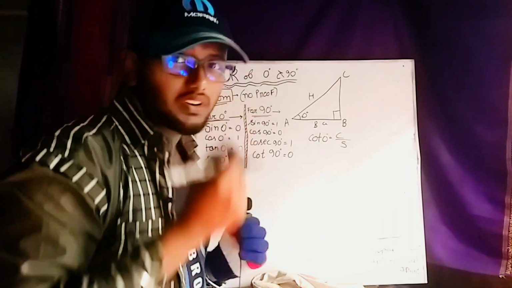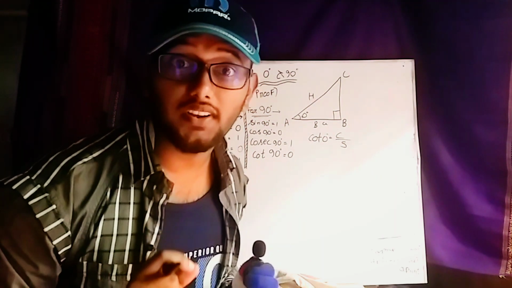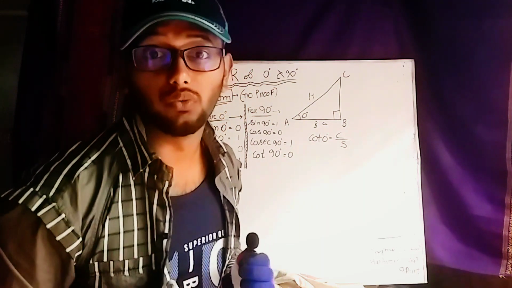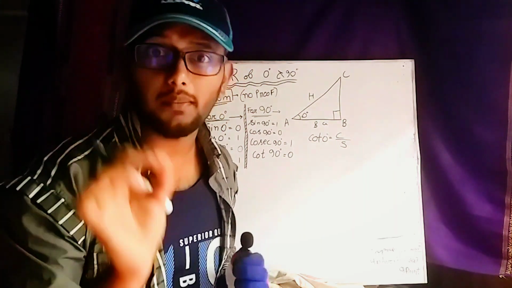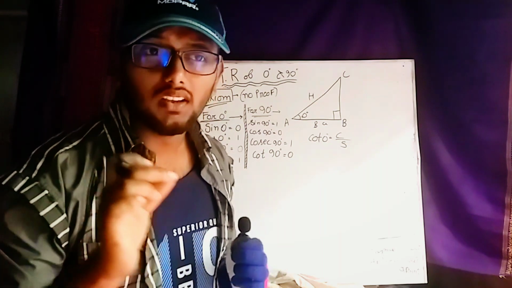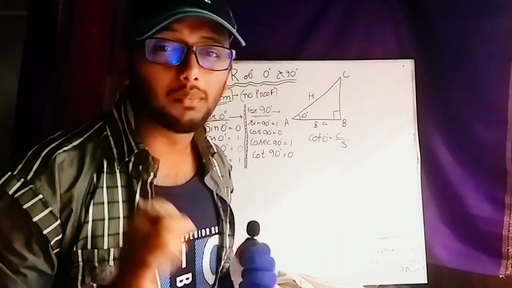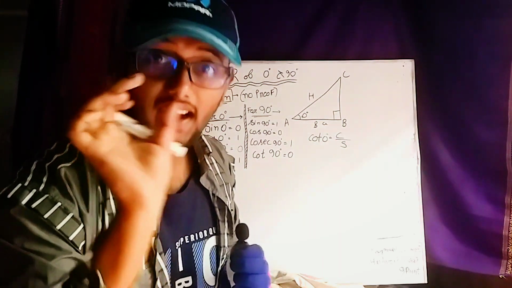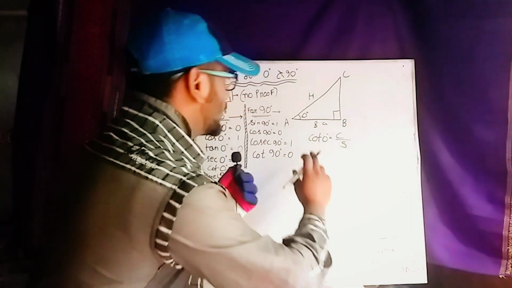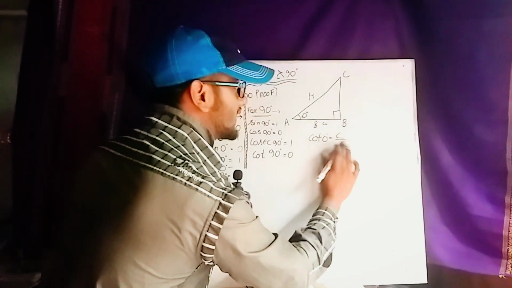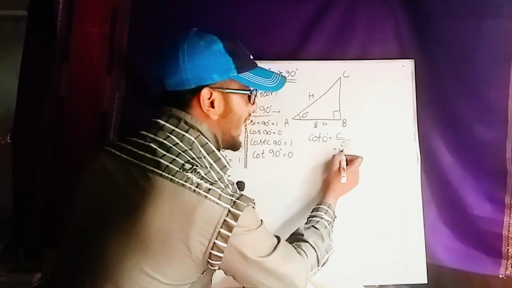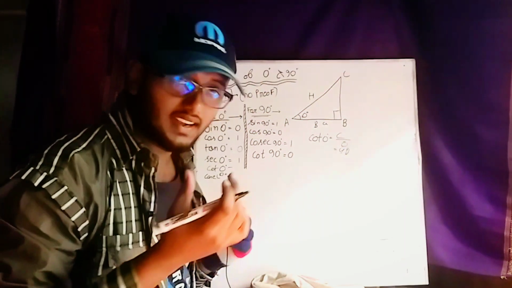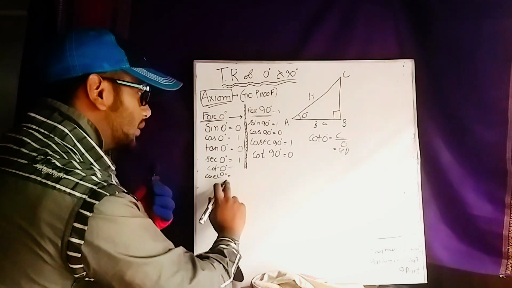Cos 0 degree is 1, but sin 0 degree is 0. Now anything divided by 0 is undefined. Generally someone says infinity, someone says undefined, but the actual term is undefined. So cot 0 degree is something divided by 0, that is undefined.